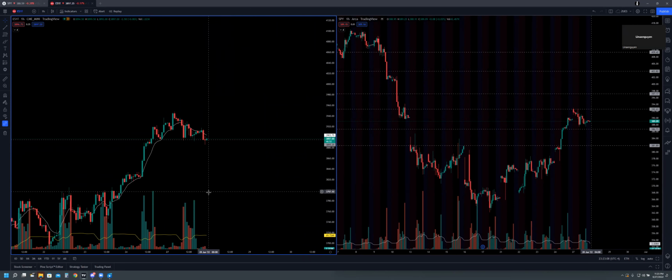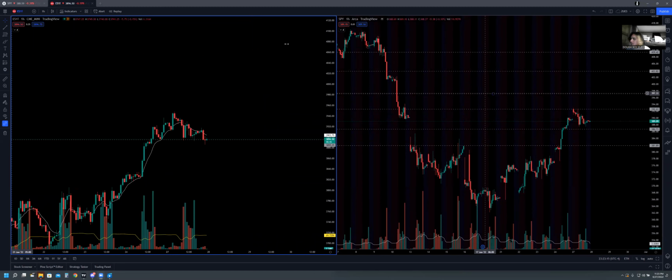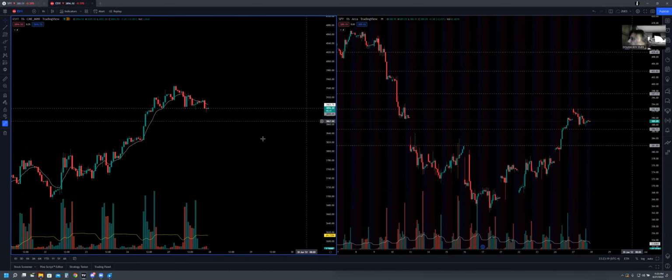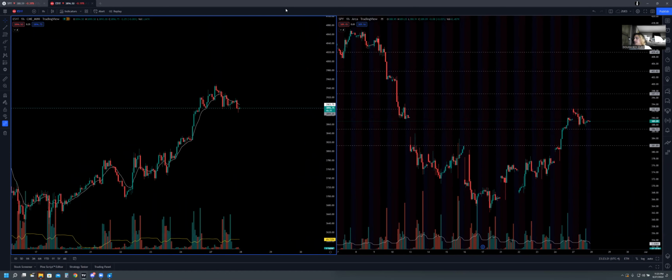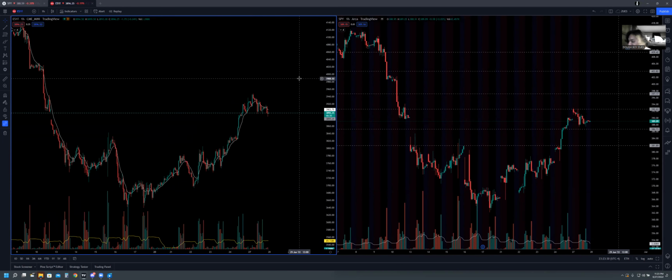Someone asked, why should we look at futures? So we look at futures pretty much just to gauge where we're gonna be opening up at in the morning. You just never know, maybe you might get some crazy news after hours where you can't see it on SPY.